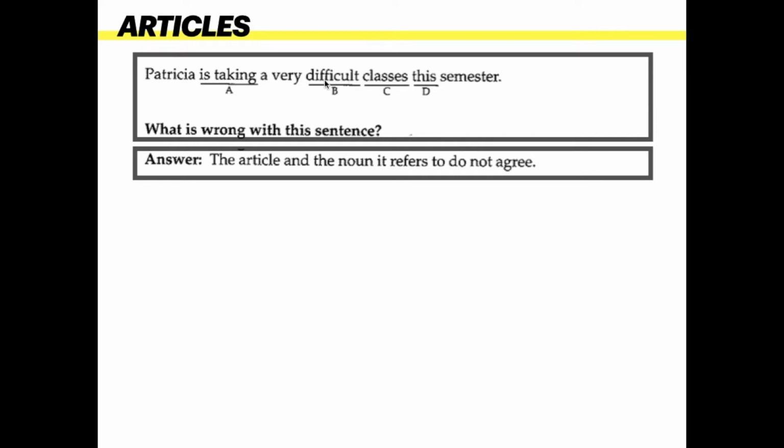Una clases muy difícil. So it doesn't agree. O sea que no hay concordancia. Singular, plural. So here, the answer is letter C. And how do we correct it? We put class. Patricia is taking a very difficult class this semester. So now singular and singular.